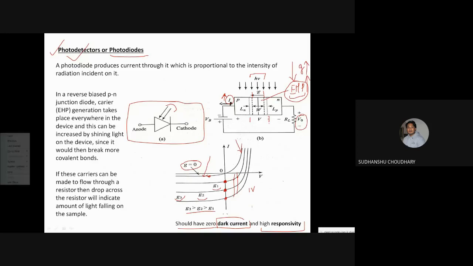That is reverse current divided by the amount of light which is shown on the sample or the diode, right? So high responsivity means for small illumination, you should have large reverse current.